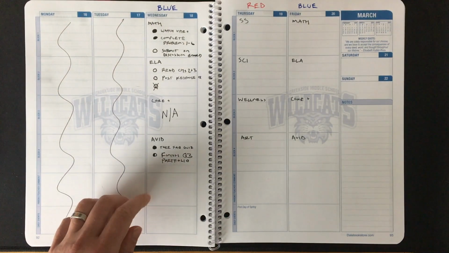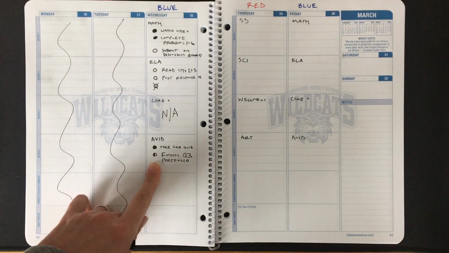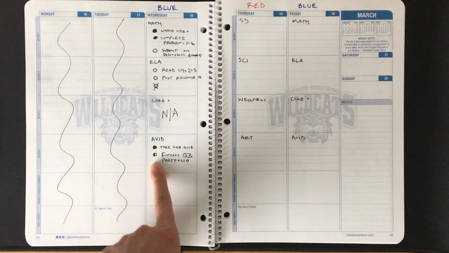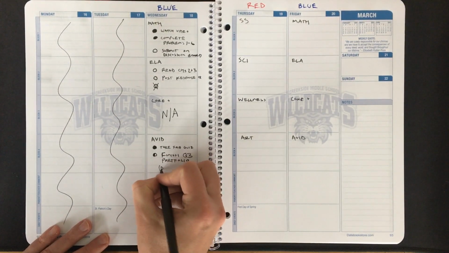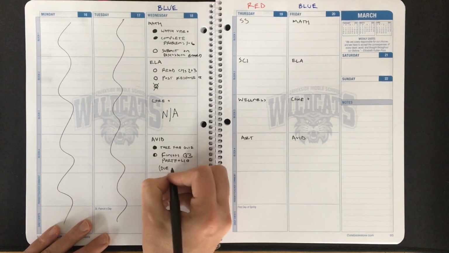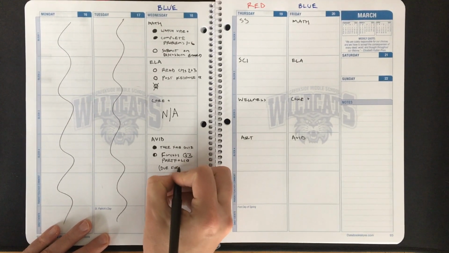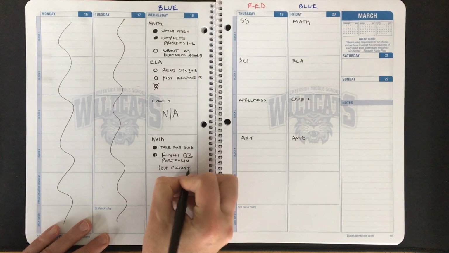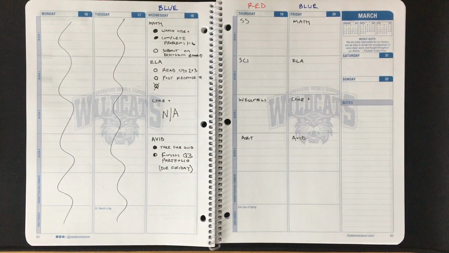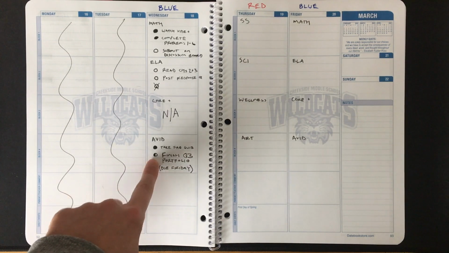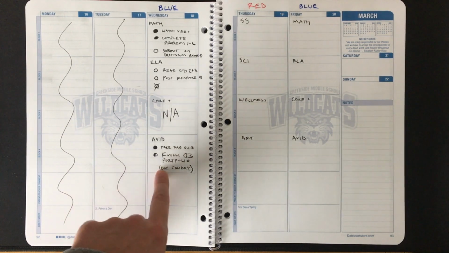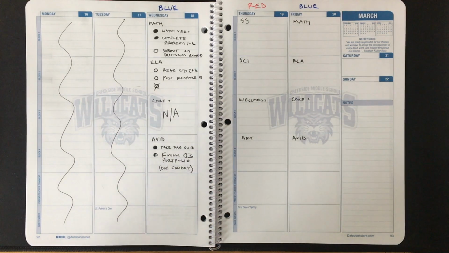You'll notice right here I did a little half circle. I filled in half of it because that means that I got some of it done, but I didn't get all of it done. And this particular assignment is due Friday, so I can just keep on rolling with that. I'll have that ready to continue later in the week.